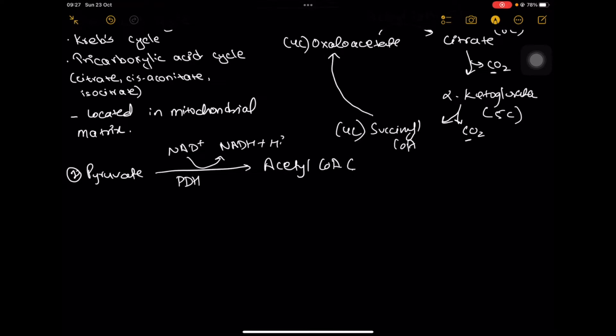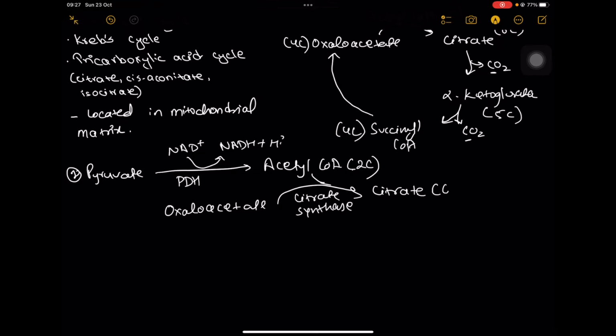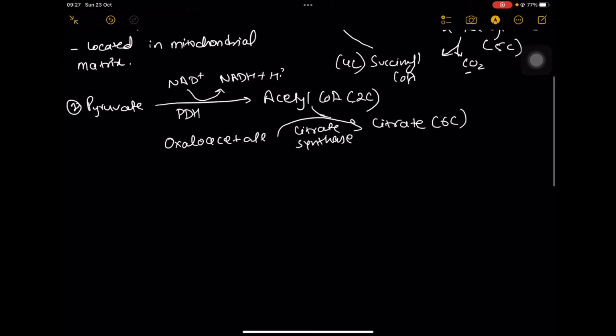We have already discussed acetyl CoA is a 2-carbon structure, so we can also say this step is a connecting link between glycolysis and the TCA cycle. Now when oxaloacetate combines with acetyl CoA, it will form citrate by the enzyme citrate synthase. Now this citrate is a 6-carbon structure.